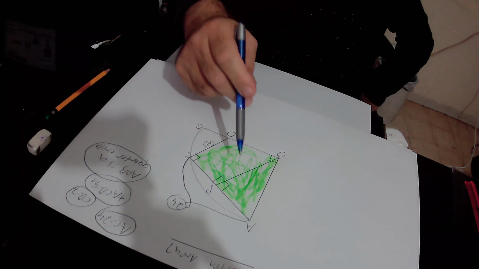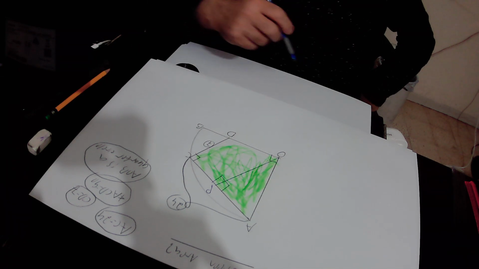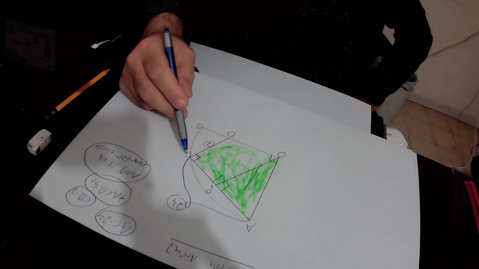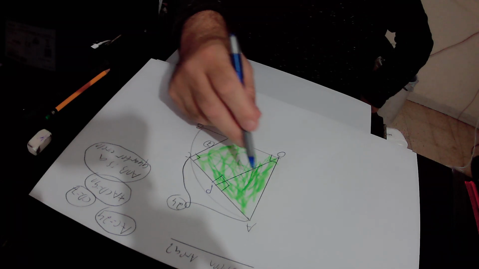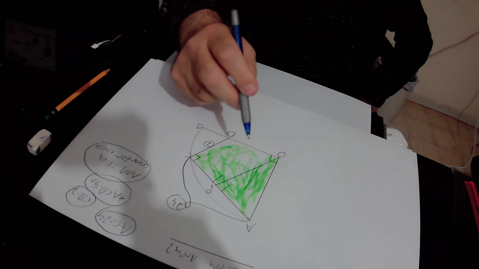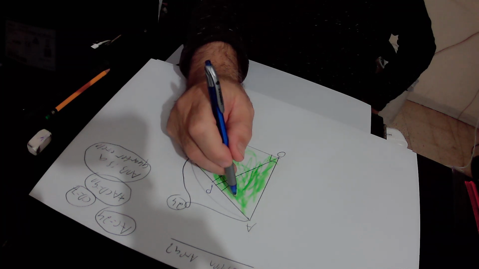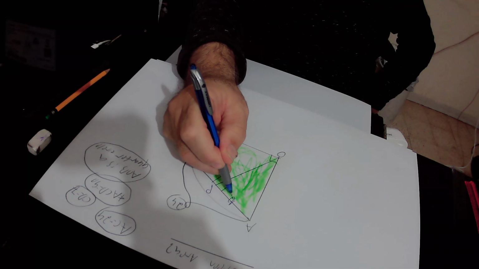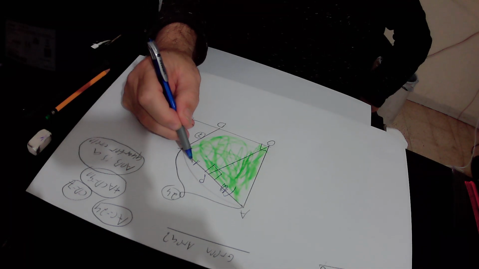That is to say, AP equals PC. AC in total is 24. Therefore, each half will be equal to half of 24. 24 over 2 is 12. So the first half AP will be equal to 12 units, and the second half PC will also be equal to 12 units.